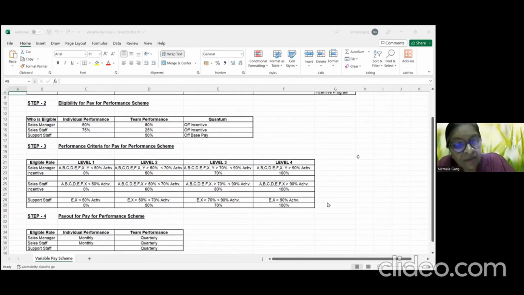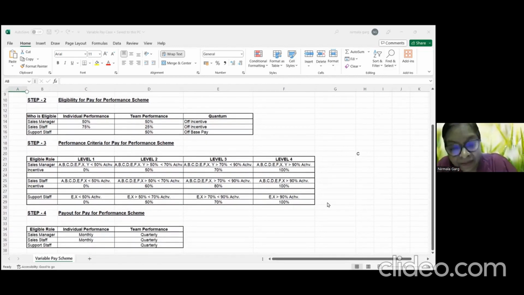Then step 3, which is very important: criteria. What will be the criteria? Say, for example, you want to have just a rating scale. Limit yourself to only 3 levels, not 4 levels. Level 1, level 2, level 3.